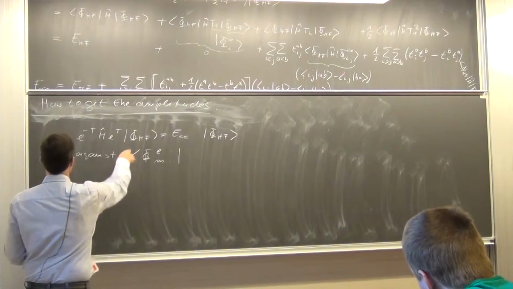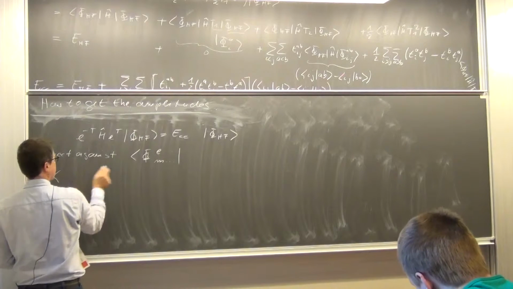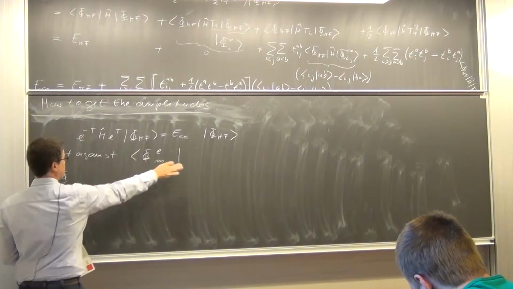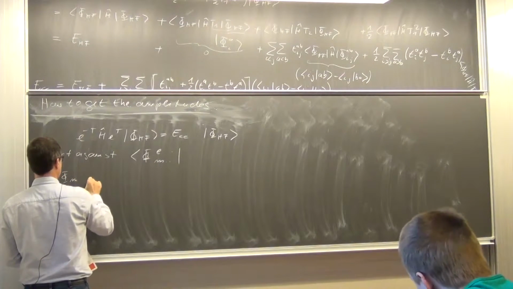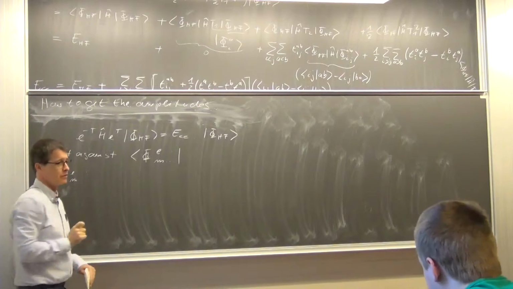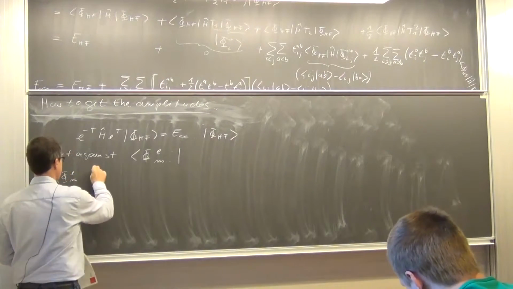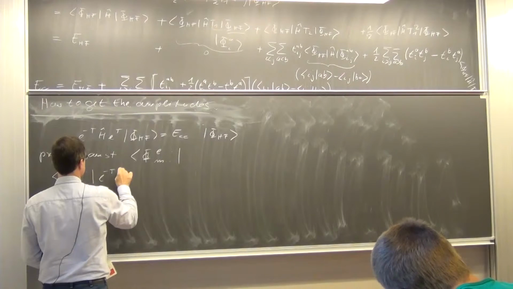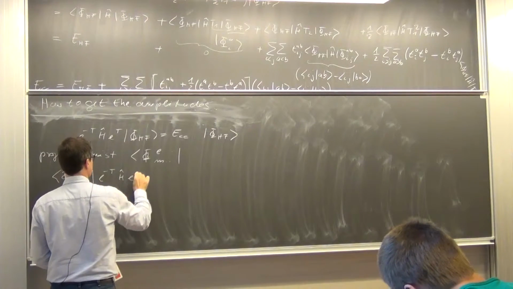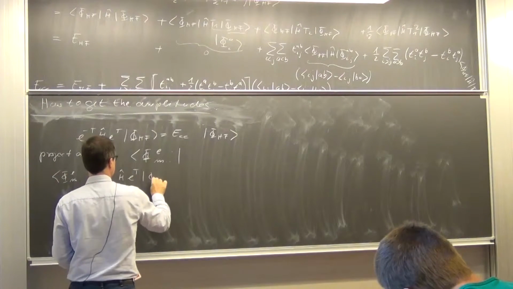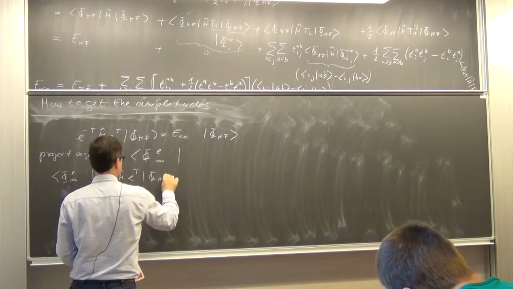If I do that with this expression, then I get for the general case, where I haven't specified how far I go, that's the dots, could be singles, doubles, triples, and so forth: e to the minus t, Hartree-Fock, Hamiltonian, e to the t, phi Hartree-Fock.